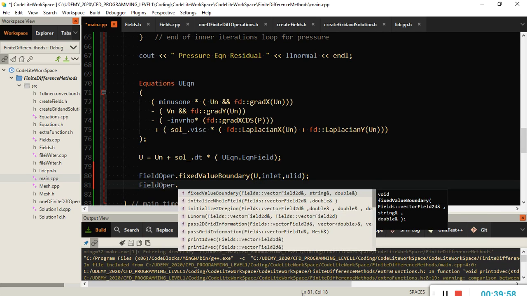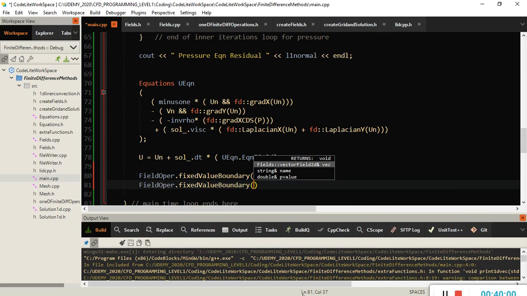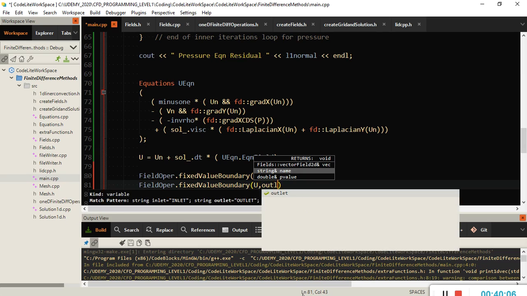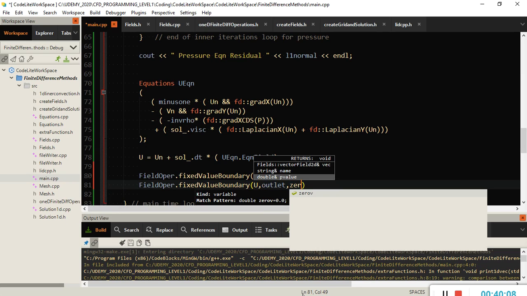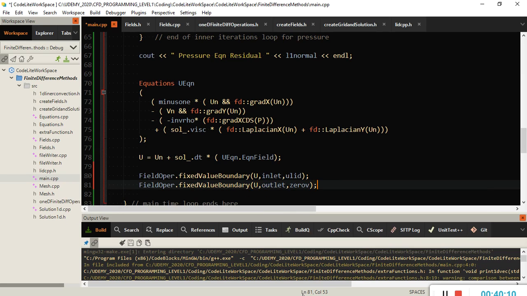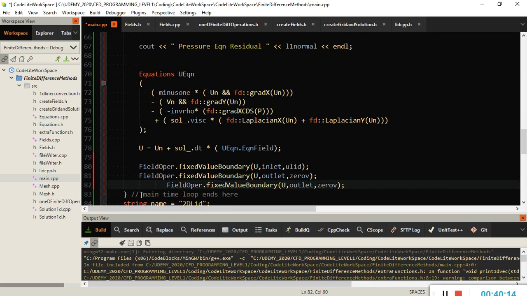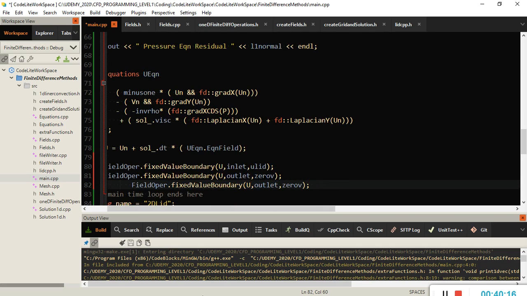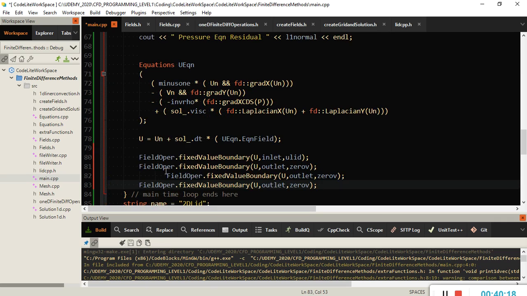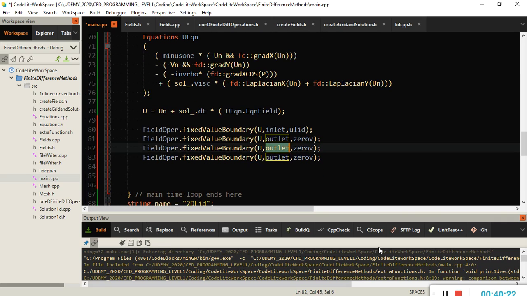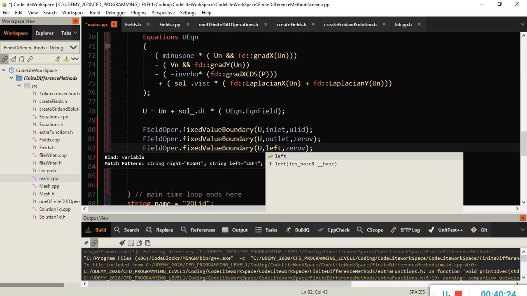So field upper dot fixed value boundary u outlet zero value. And let's just copy this two more times. Right, so we copied it. Now only we need to change the name of the boundary. So left and right.